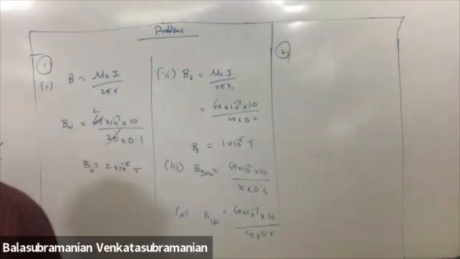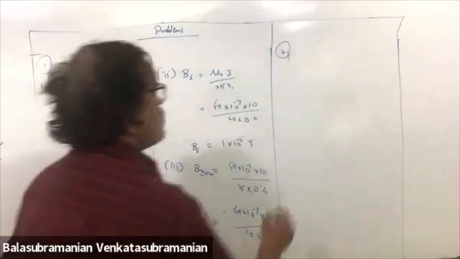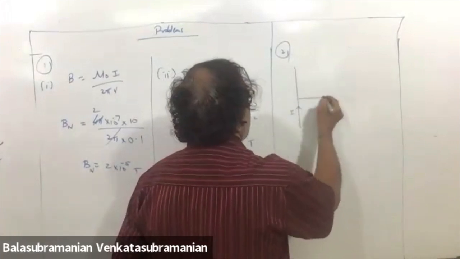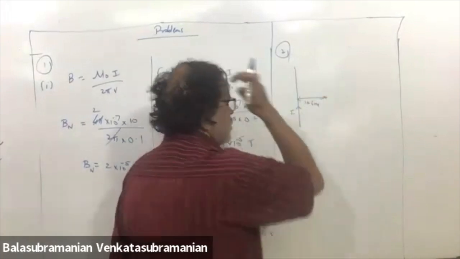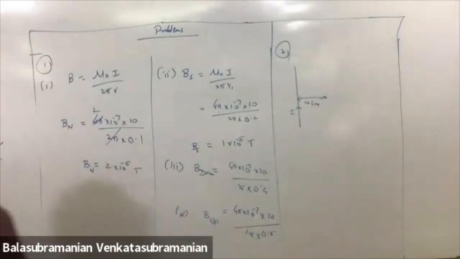Second: a straight wire carries a current of 3 ampere. Calculate the magnitude of the magnetic field at a point 10 centimeter away from the wire. This is the wire carrying a current I, at a distance of 10 centimeter. What is the magnetic field? What is the current given? 3 ampere.